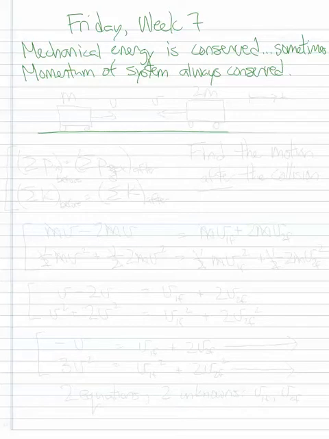And we did an example of two carts, and the forces between them were magnets. So you don't know that right off the bat, but I can tell you that the forces that magnets exert are conservative forces, so the kinetic energy is conserved.